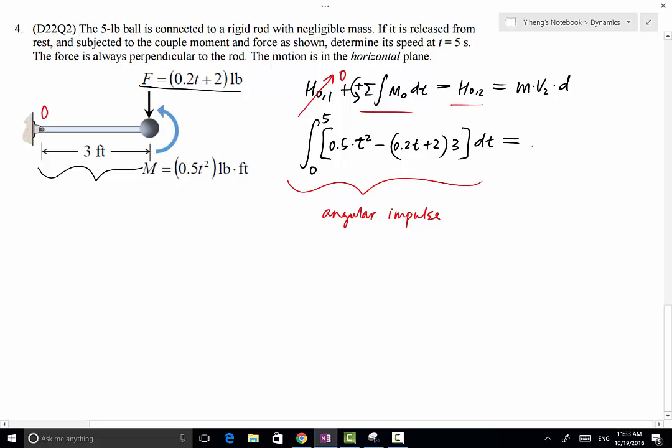In this case, that will be the mass of the ball, which is 5 over 32.2, times v2, that's what we need to solve for, times the moment arm of 3 feet.